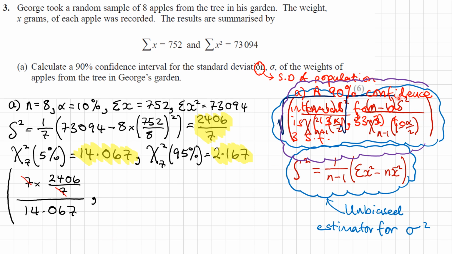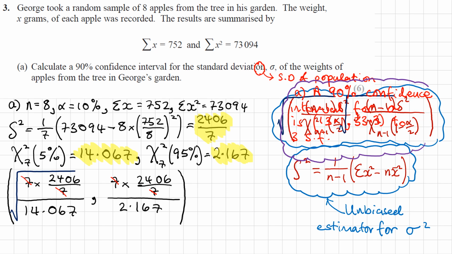And then for this end here, it's also going to be 7 times 2406 over 7, but this time we're going to be dividing by the 95% chi-squared value, so that's 2.167. Again, the 7s cancel out, and what we need to remember is that we need to square root these because we want confidence intervals for the standard deviation.